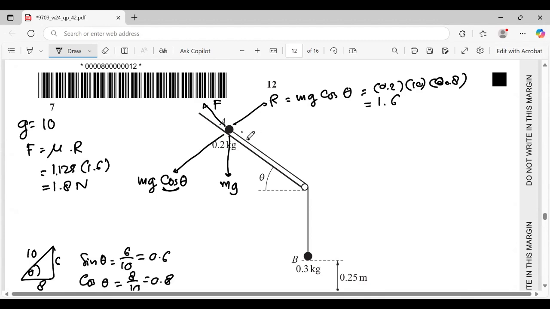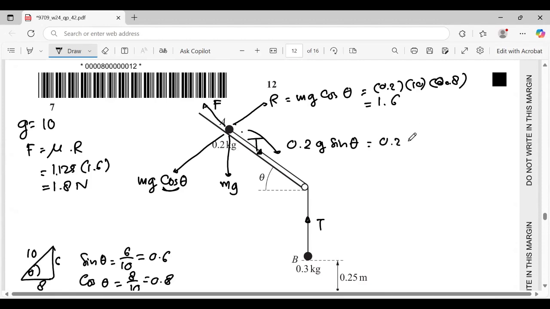So the tension occurs on the string as well, on this string, and they have different directions, upward and downward. But there is a force downwards acting on this particle, and that is 0.2 times g sine theta.